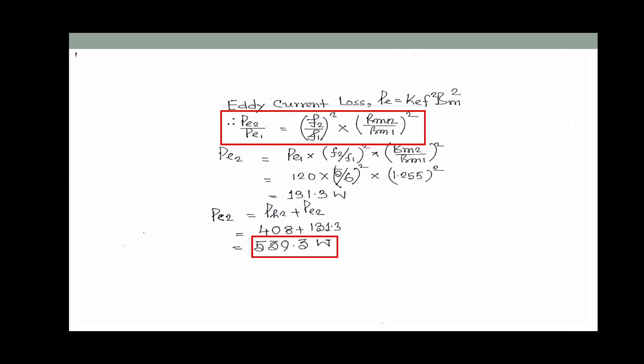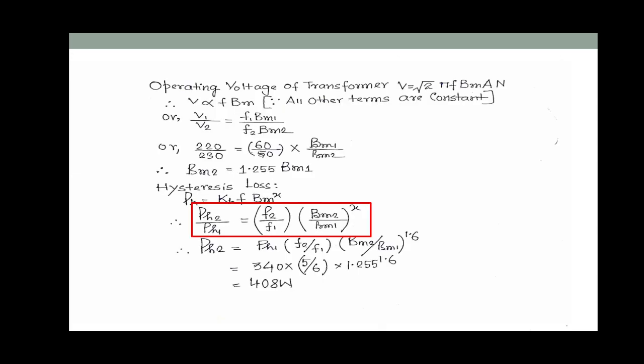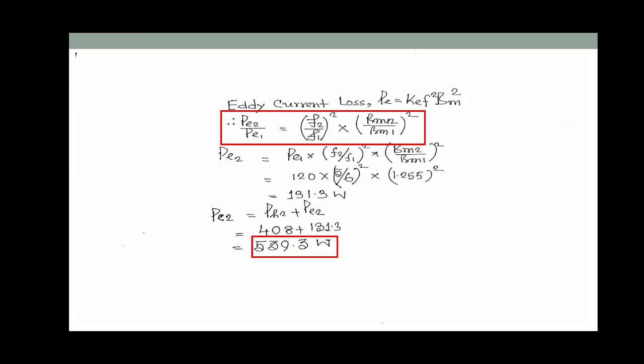Now hysteresis loss is equal to the multiplication of frequency and Bm to the power x. From this a relationship can be derived, and from this we can find out the hysteresis loss in the second case. And similarly, approaching in the same manner, we can find out the eddy current loss also.